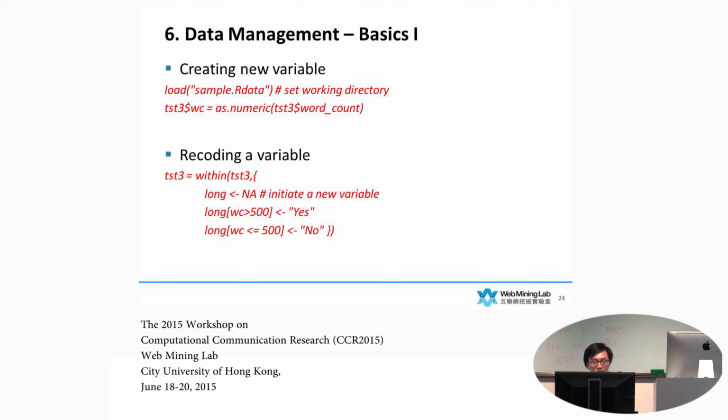When the word count is larger than 500, the new variable non is yes. That means yes, it's a non-article. Okay, and then when the word count is smaller or equal to 500, non is equal to no, that means no.